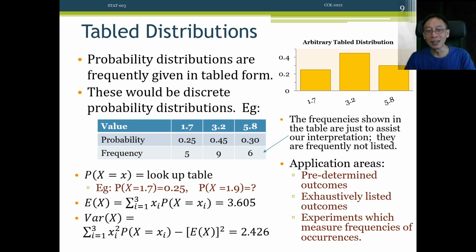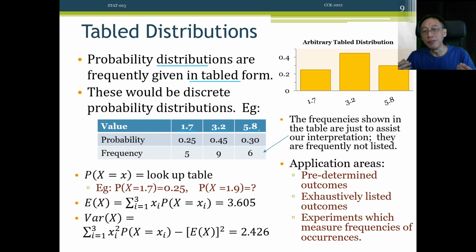So we can therefore also describe a probability distribution in a tabled form. We will say that the x values, for example in this case, will take up 1.7, 3.2, and so on.